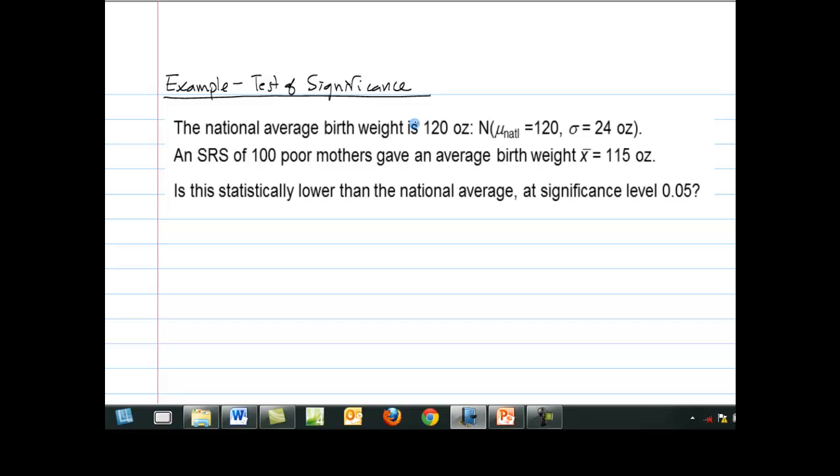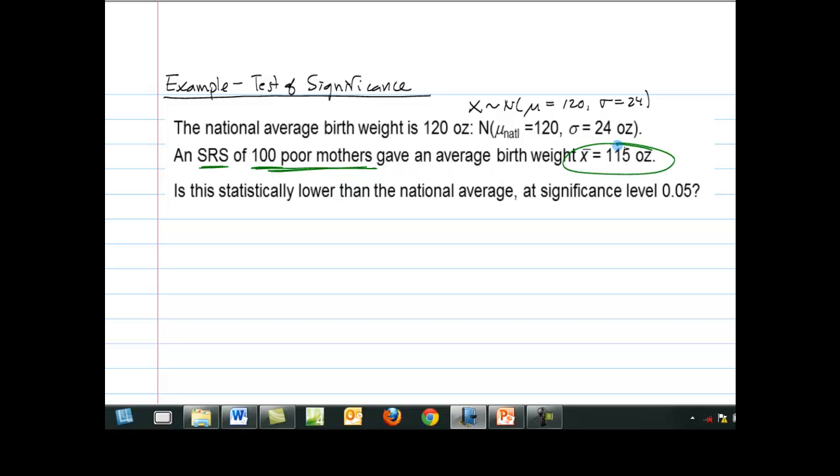So we're looking at the national average of birth weight for babies is 120 ounces. So if you wanted to look at the birth weight of a baby, you could say X is distributed normal, mean of 120 with a standard deviation of 24 ounces. Then what we do is we look at a subset of that, and we take a simple random sample of 100 poor mothers, and then we looked at the average birth weight of poor mothers.